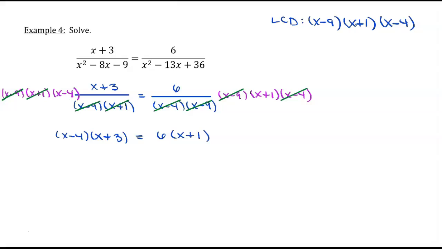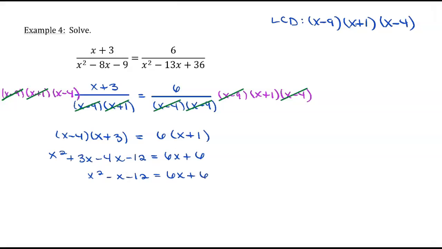Distributing on the left side, we have x times x, or x squared, plus x times 3, or 3x, plus negative 4 times x, negative 4x, plus negative 4 times positive 3, or negative 12. And on the right, we have 6x plus 6. Combining like terms, we have x squared minus x minus 12 equals 6x plus 6.